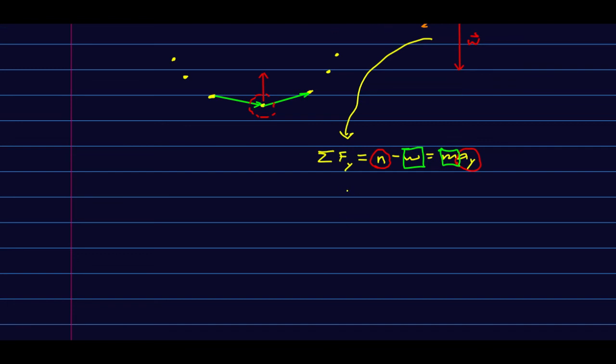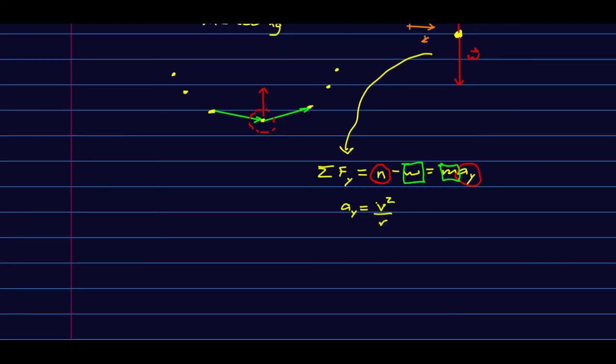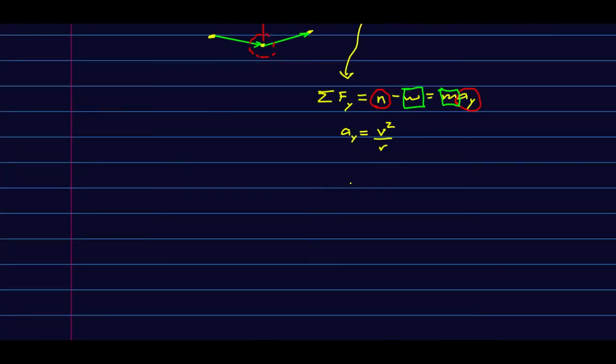But again, this is uniform circular motion, so our acceleration is just v squared over r, and in fact this time we just know v. And so we're practically done. N minus the weight, which I might as well write as mg, is m v squared over r.